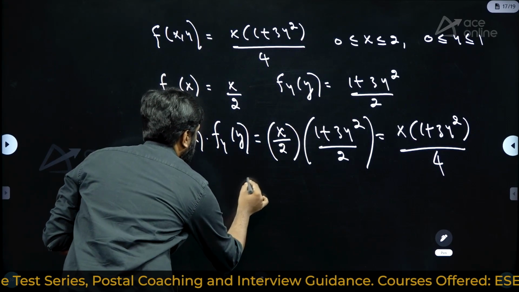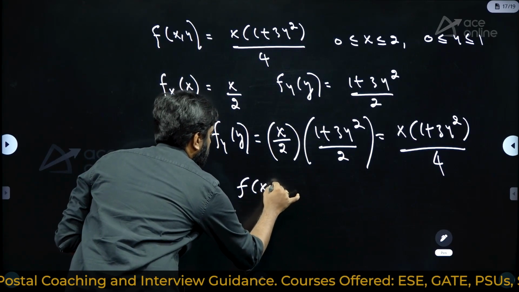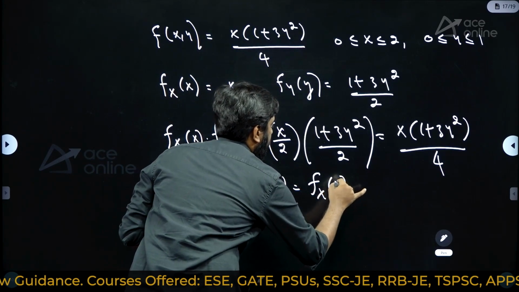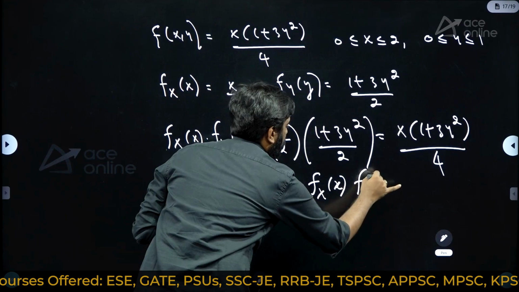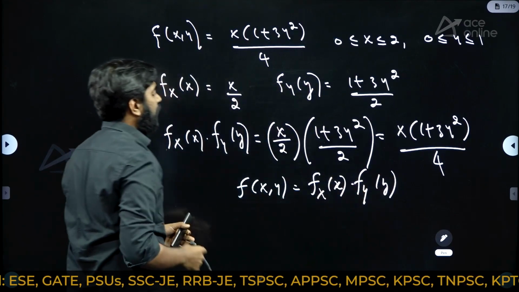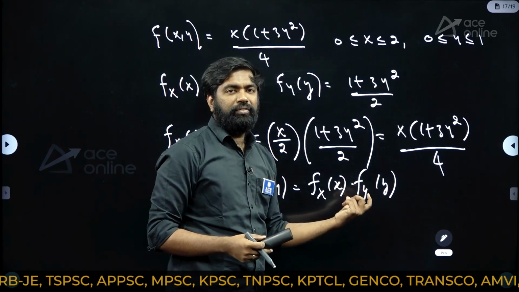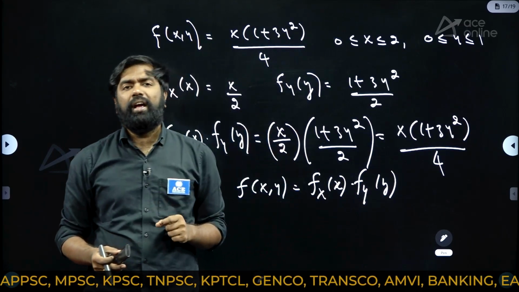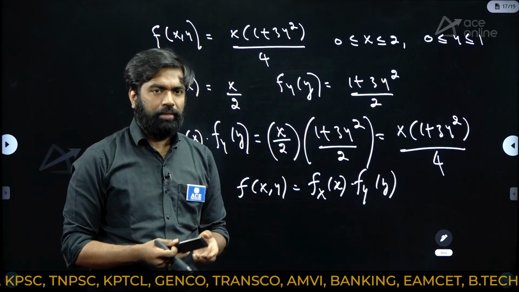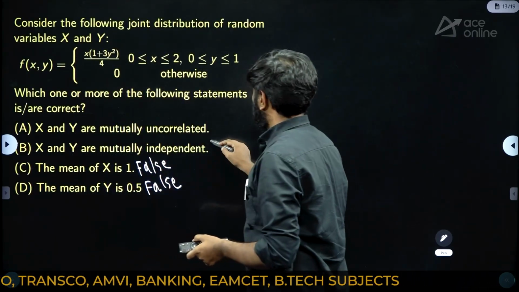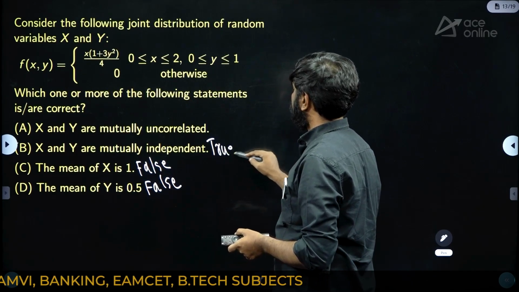So finally we have the condition that f of x comma y is simply fx of x into fy of y. Whenever your joint PDF is the product of the individual marginal density functions, clearly x and y are independent. They are mutually independent. So this is a true statement.